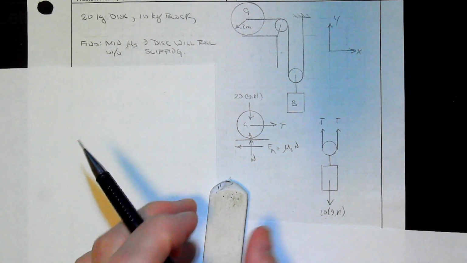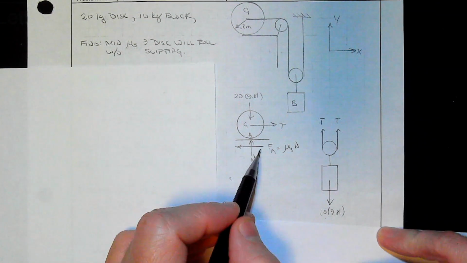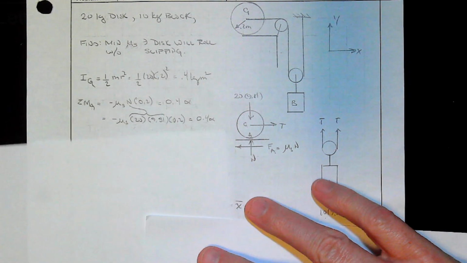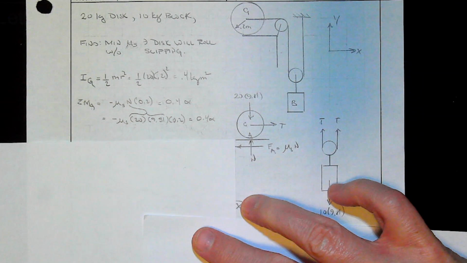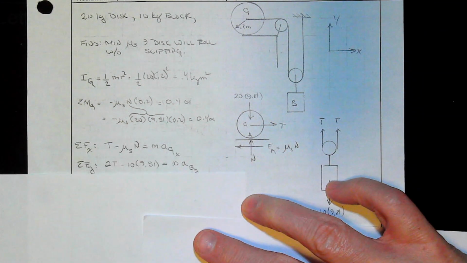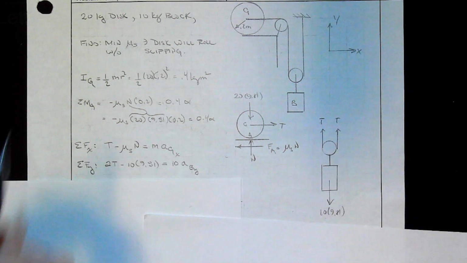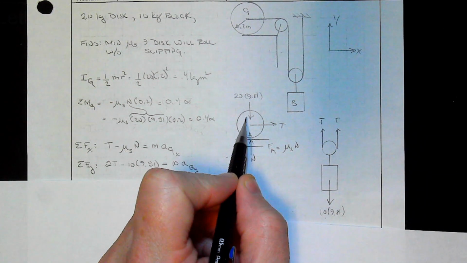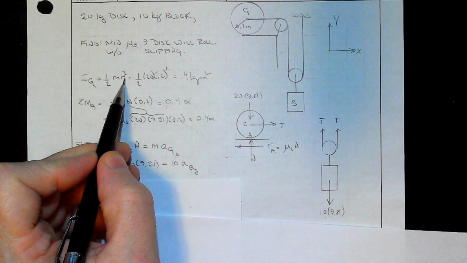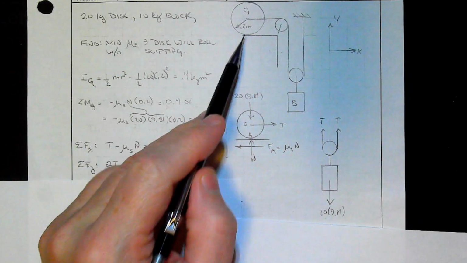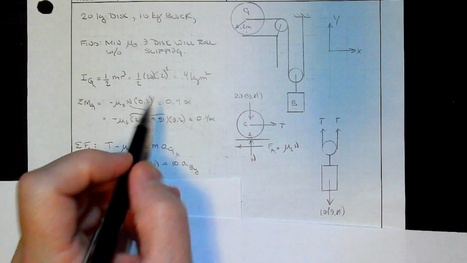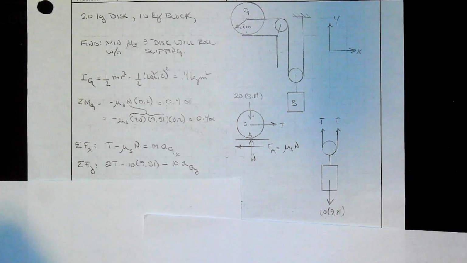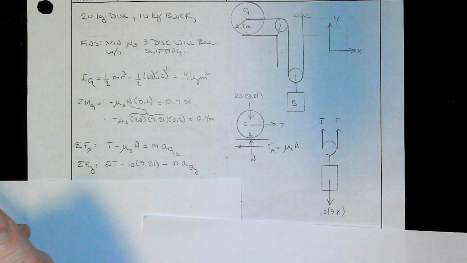Let's start finding the equations. So we'll start looking at the disc first. This is a disc, so Ig is 1/2 mr squared. We know mass, we know r, it's 0.2, so 1/2 times 20 times 0.2 squared. We have 0.4 kilogram meter squared for mass moment of inertia.